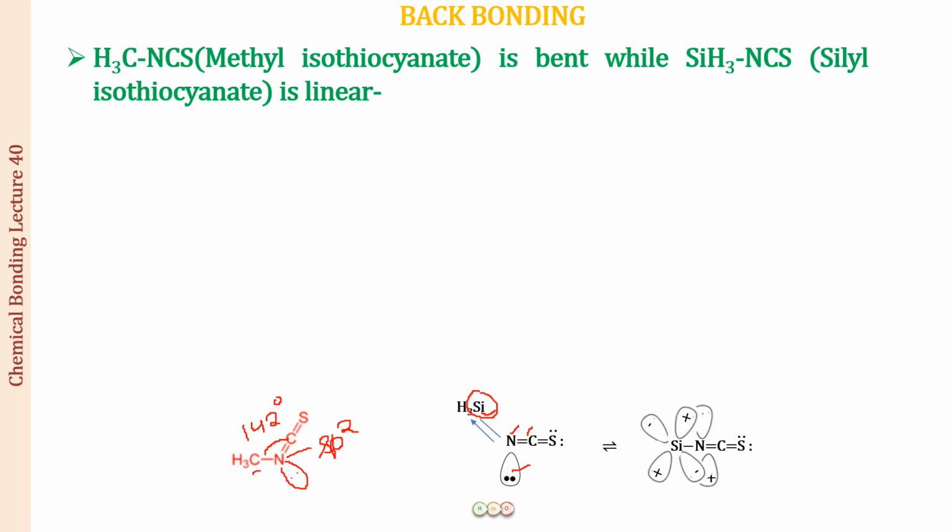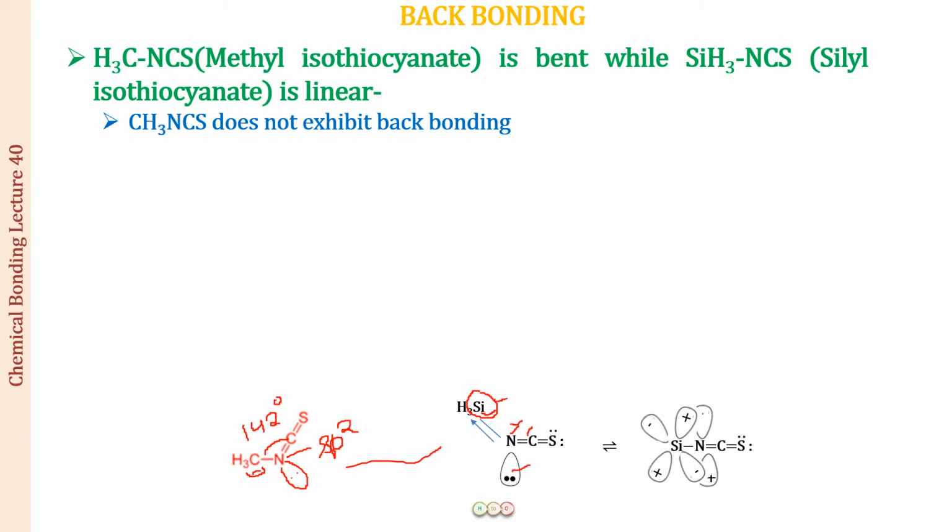Here the carbon is sp3 hybridized and is making 4 bonds, so it is in the excited state with no empty orbitals. So we do not see any back bonding in methyl isothiocyanate, but in silyl isothiocyanate the back bonding is going to be present between nitrogen and silicon.